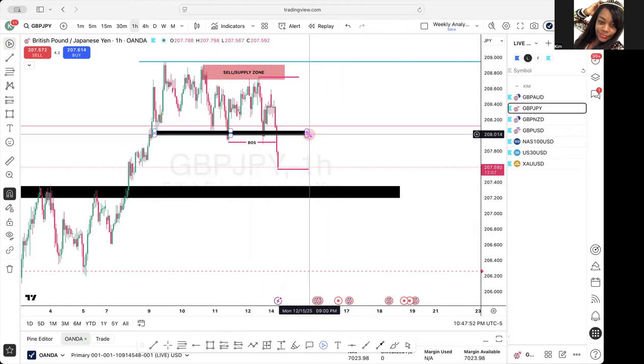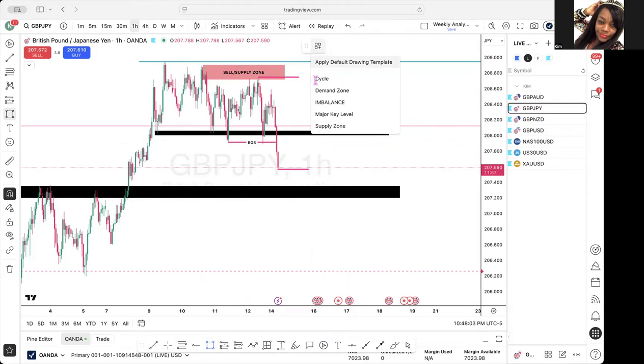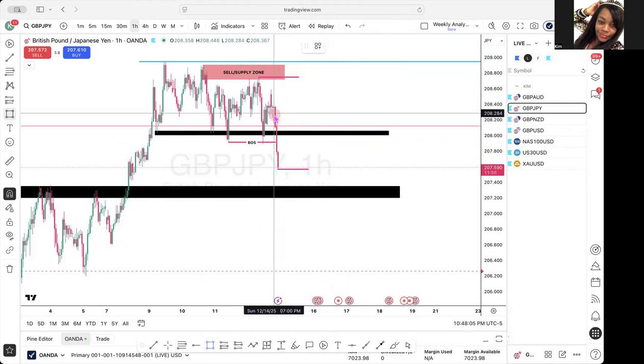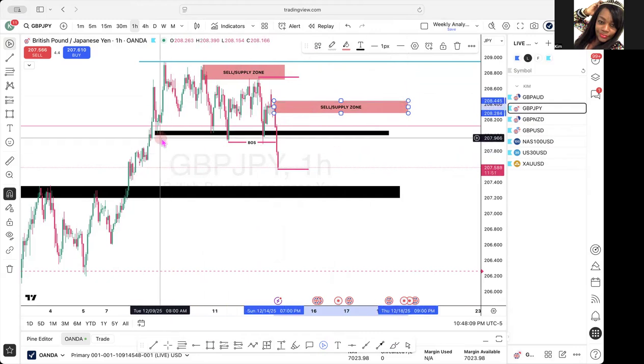So price could pull back to this zone here. Where would I like for it to come back to? It would be the supply zone. That would be a better place. But you can see that the market has created a strong key level.